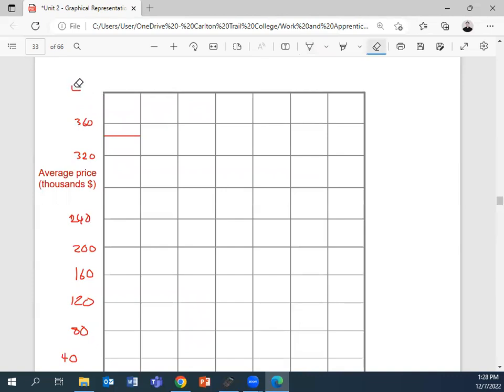So just double all these numbers. I apologize for the neatness of that. Just double all these numbers. So instead of 400, it's 800. Instead of 360, it's 720. Good catch, Steven. I do apologize. And everyone makes mistakes.